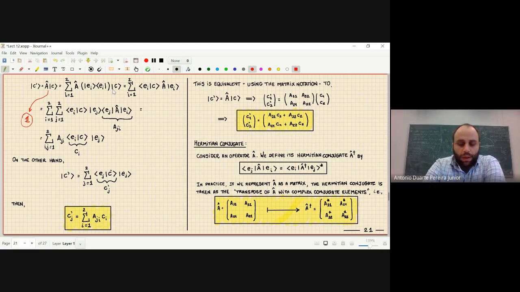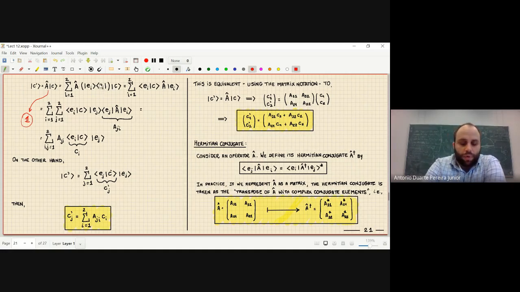By the definition of the outer product, I can take this bra, multiply by this ket, and this will give me a number, right? We saw that earlier in detail. So a bra times a ket gives me a number. And being a number, I can place it wherever I want because the number will commute with everybody.